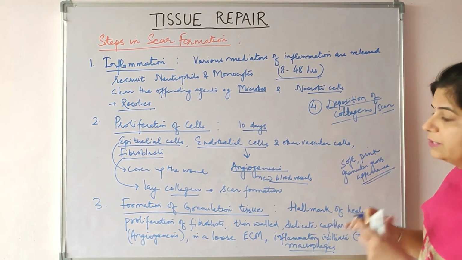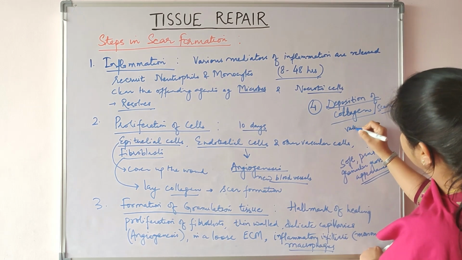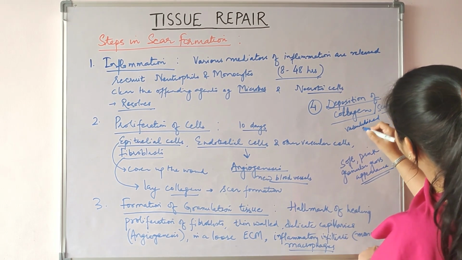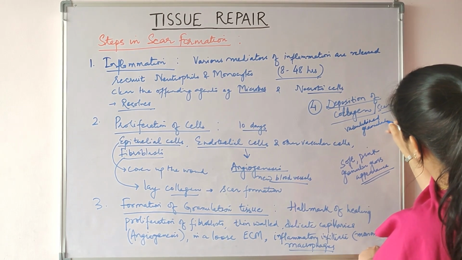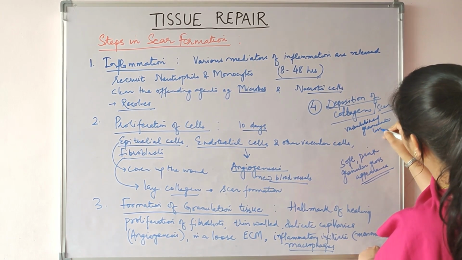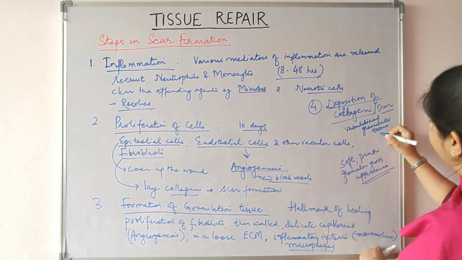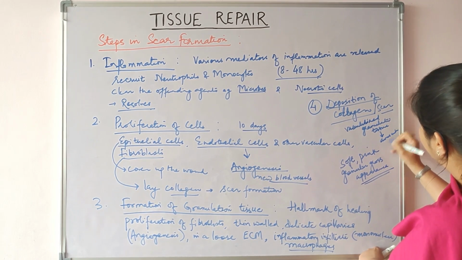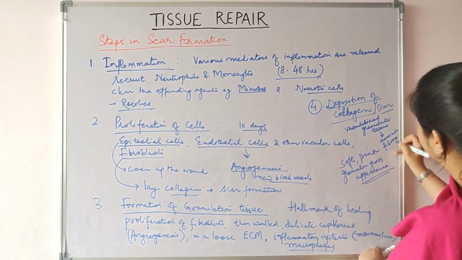This vascularized granulation tissue is gradually replaced by avascular fibrous scar.